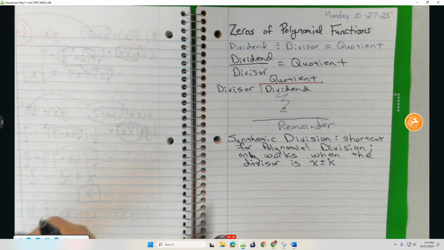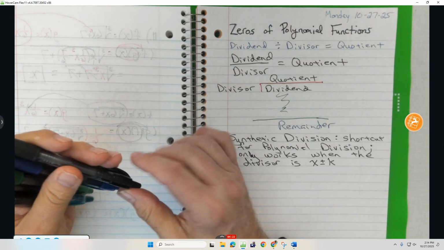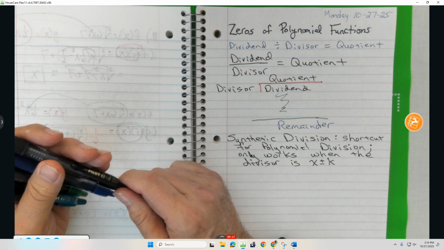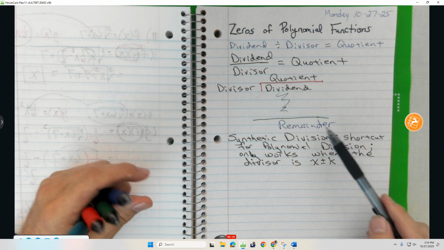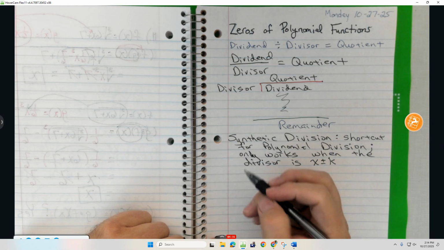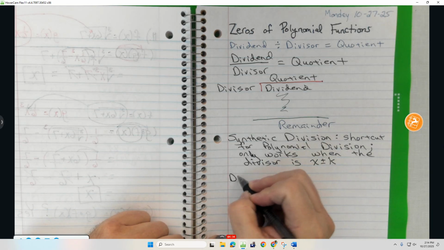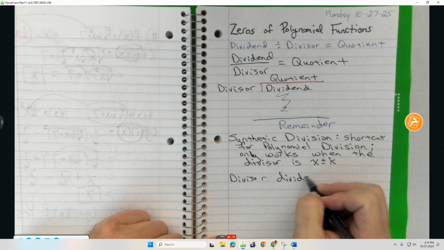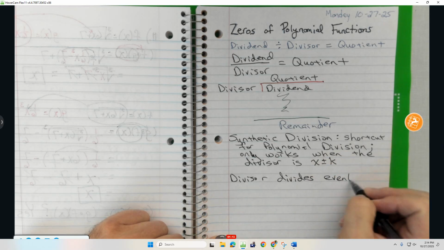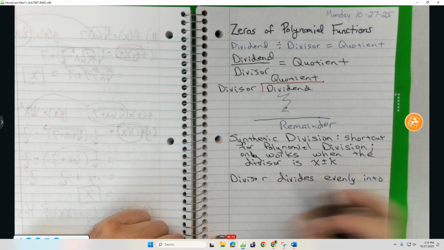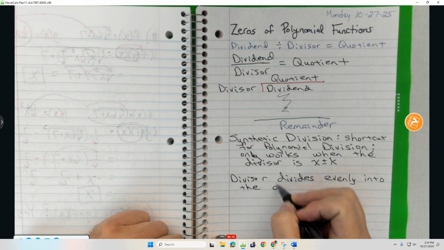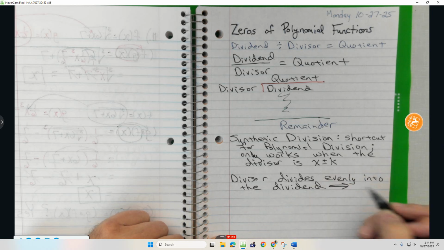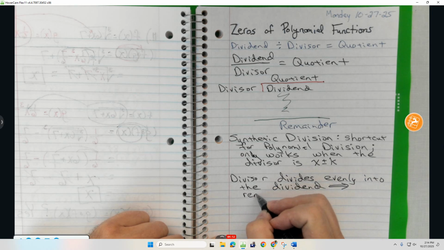When I talk about something dividing, if the divisor divides evenly into the dividend, that means the remainder is 0.